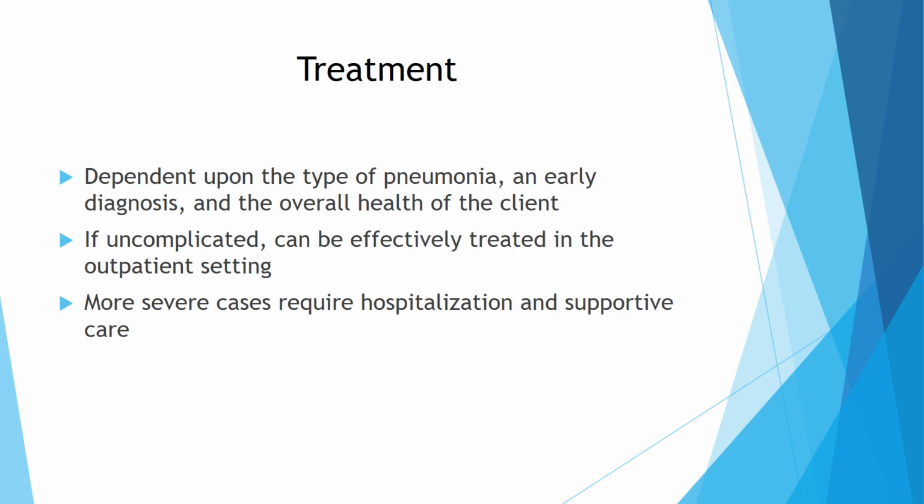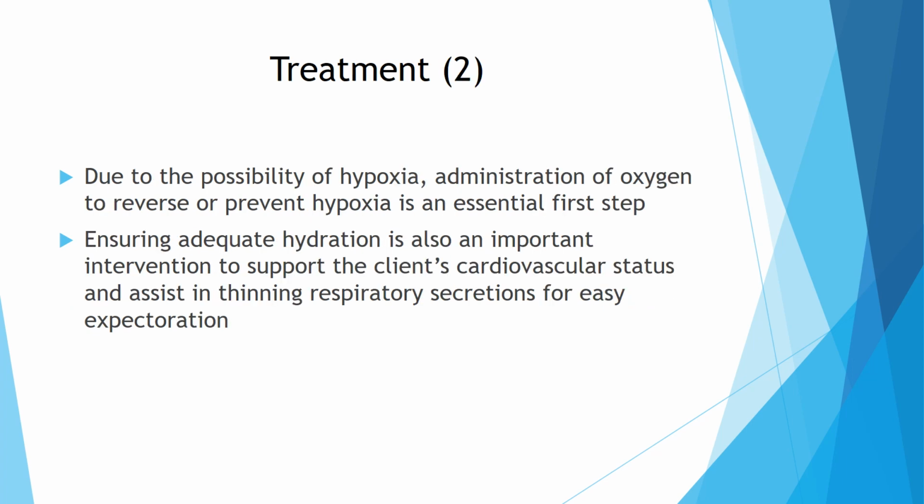So dependent upon the type of pneumonia, an early diagnosis and then the overall health of the client will determine treatment. So if uncomplicated, treatment can be effectively done in the outpatient setting. In more severe cases, it may require hospitalization and then supportive care.